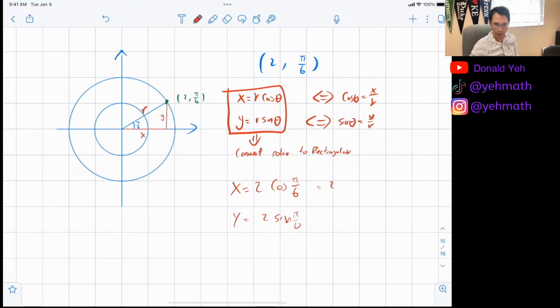And that's equal to 2 times square root of 3 over 2, which is square root of 3. Does that make sense? And y is 2 times 1/2, which goes to 1. So the rectangular coordinate here is just going to be square root of 3 and 1.